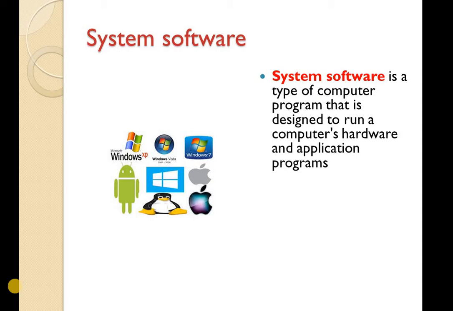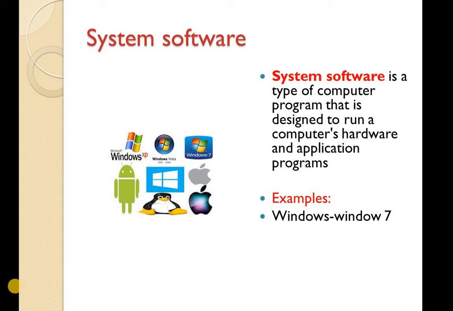Now we have three main examples of the system software. We have Windows. Windows is run by the Microsoft Corporation, and Windows is one of the most popular operating systems or system software. We have different versions of Windows.